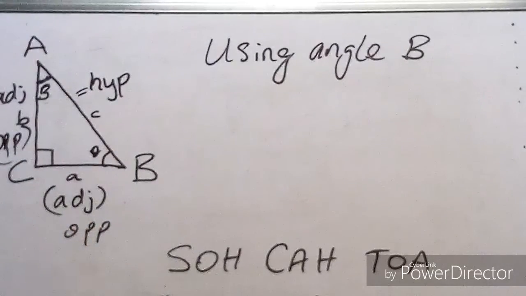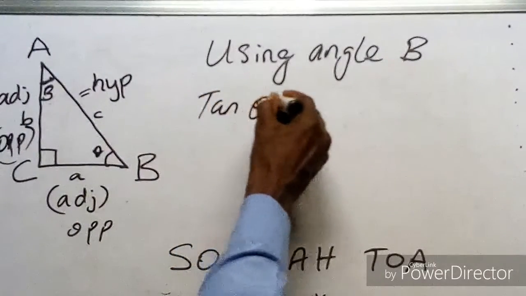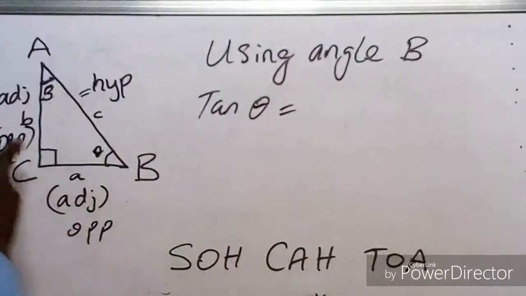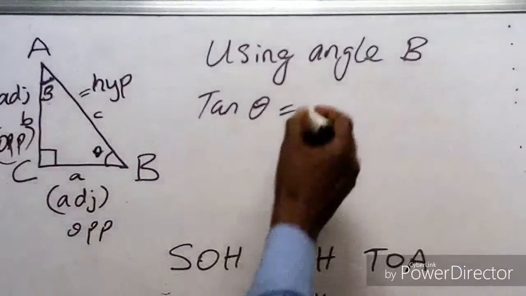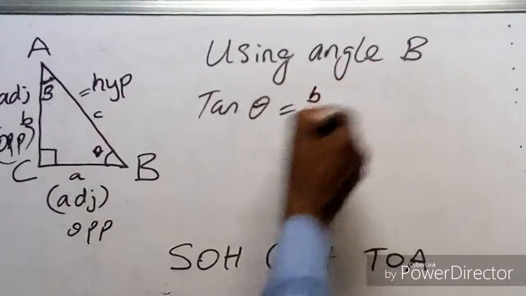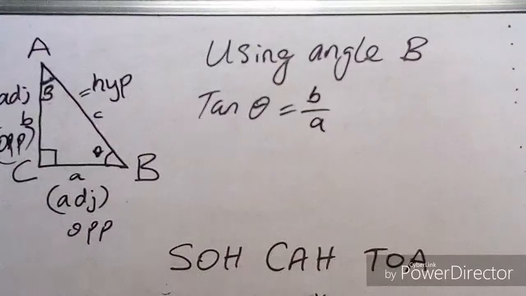That gives you what? Tan. So we say tan theta is equal to, what's the opposite to B? Is small letter b. So we say b over adjacent, which is what? a.